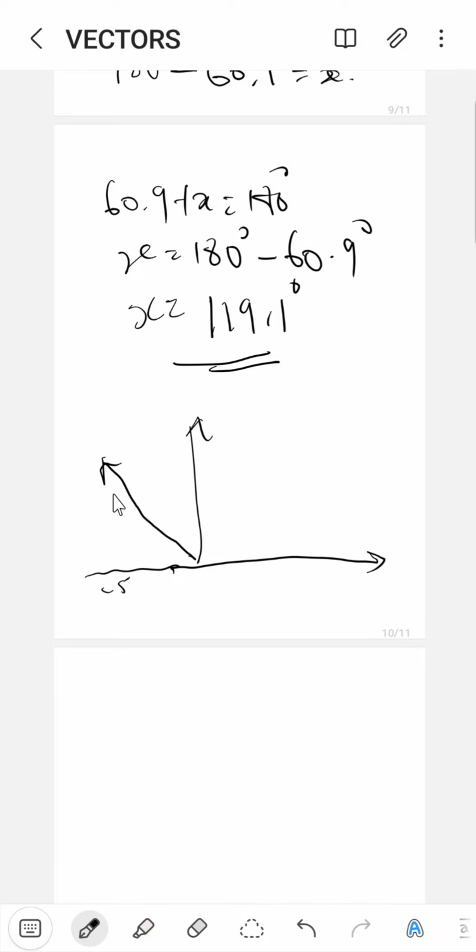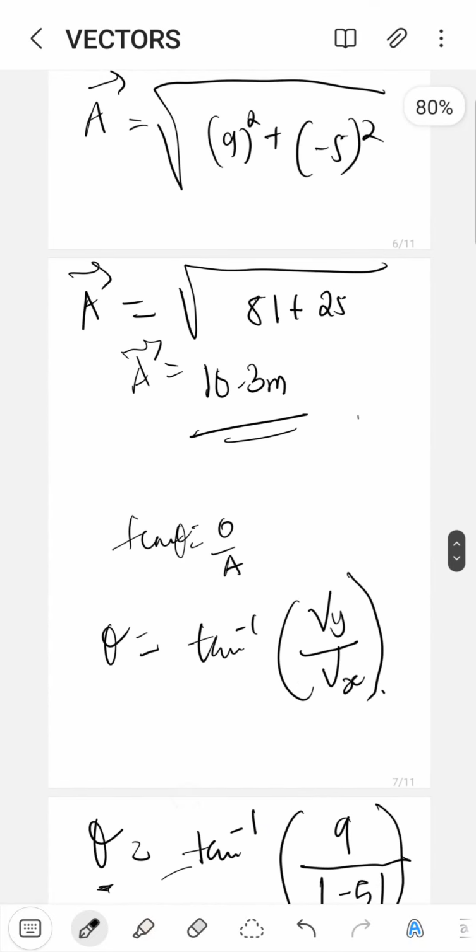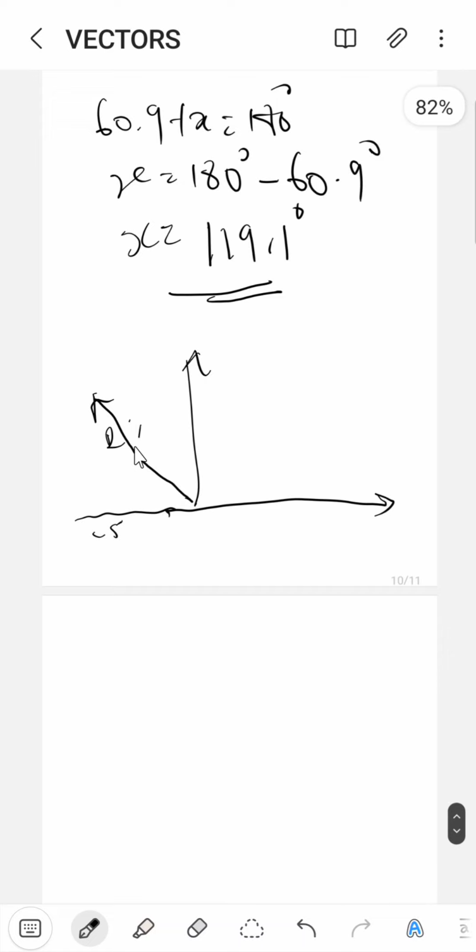So this is the resultant with the magnitude that we have, 10.3 meters. Then the angle it has made is 60.9, which is not the one we're considering. You should remember that, very important. The angle we are considering is 119.1 degrees.